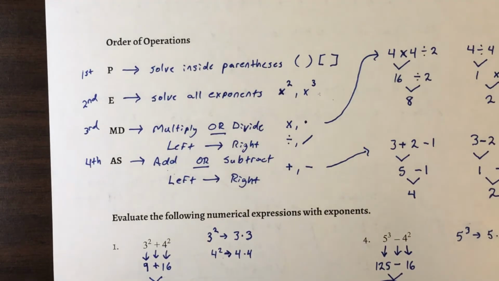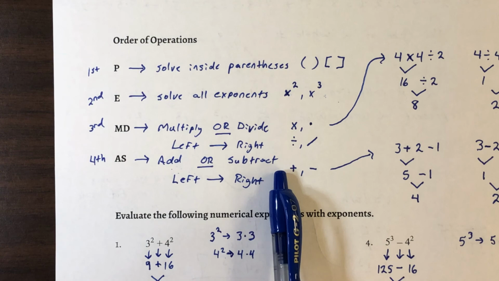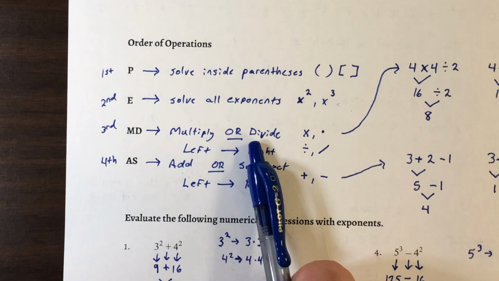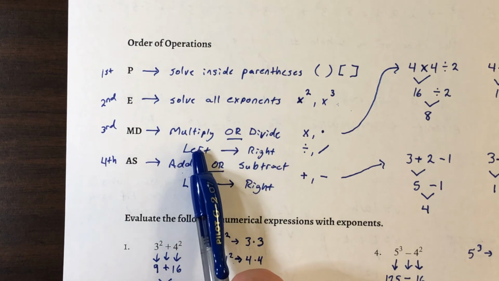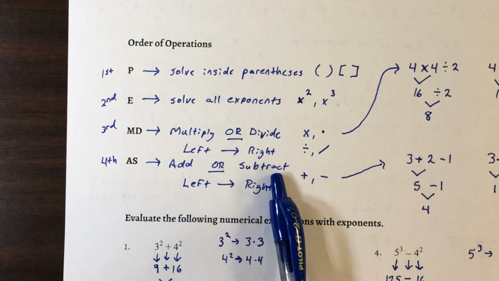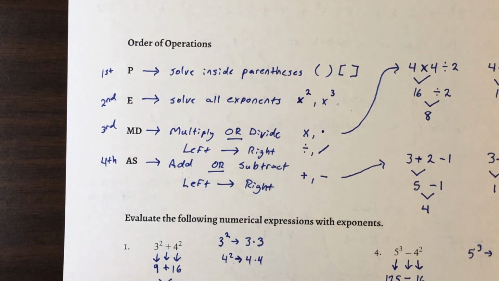When you're doing order of operations, remember to quickly go through each of your steps one by one. Check, are there parentheses? Are there exponents? Do you see multiplication or division? If so, do the first one you see, working your way left to right. And then last step, addition or subtraction. Again, whatever you see first, left to right, that's the way you work it.